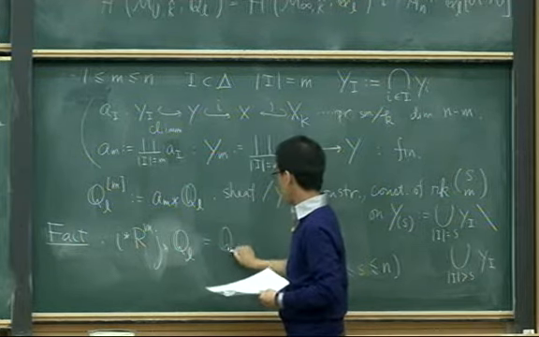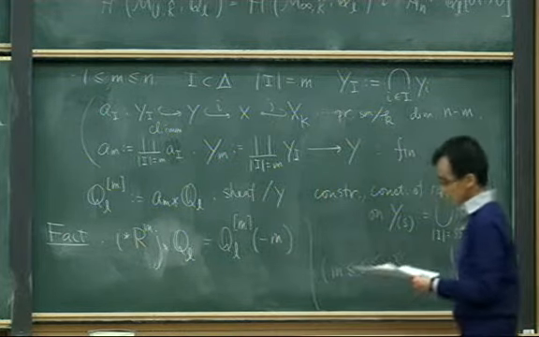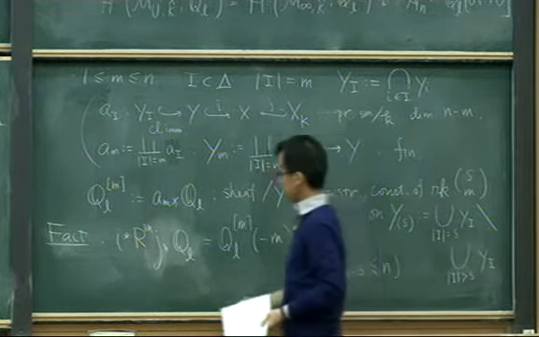This is just QL bracket m twisted by minus m, which is kind of nice.